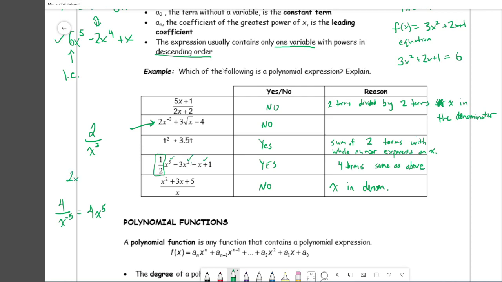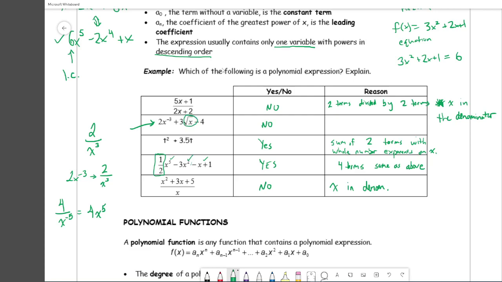Similarly, if we have 2x to the negative 3, we can send that x underneath the division line and then make the exponent a positive. But you'll notice as soon as we do that, of course, x is in the denominator, so you can't have x in the denominator in a polynomial. Another way of looking at this one is you could just say the exponent on x is negative. As soon as you see that, it's not a polynomial. It's immediately not a polynomial.